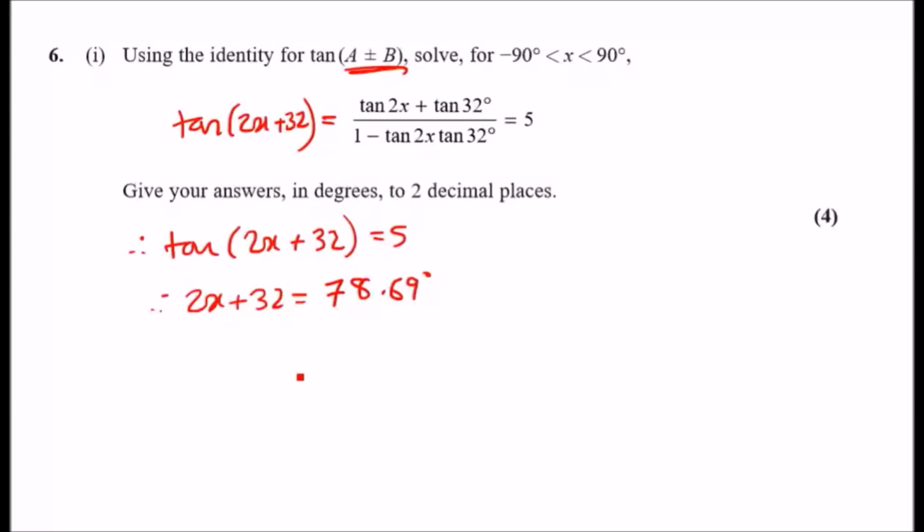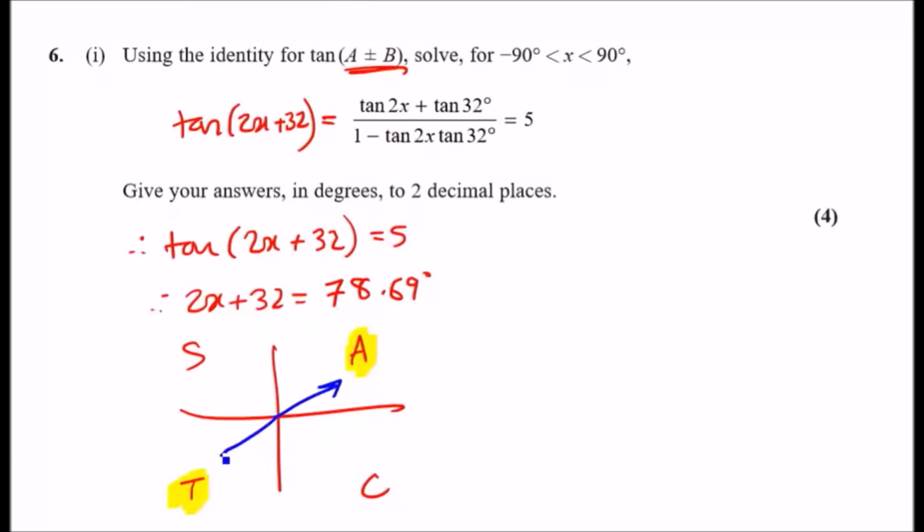Now, this one's going to be quite straightforward. All you need to do is firstly realize that because you're working with tan, we're going to use a CAST diagram, C-A-S-T, and just highlight T and A, because A means all positive results, and T is tan because tan is positive. Now all you want to do is draw a line over here and a line over here, and put the angles of what we just found, 78.69 and 78.69.